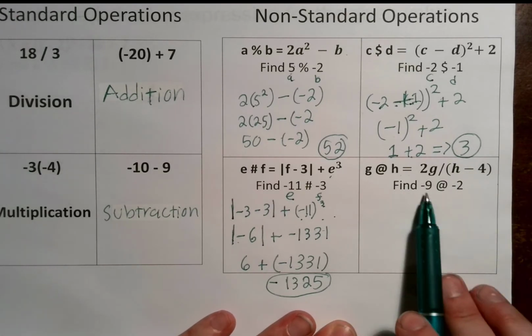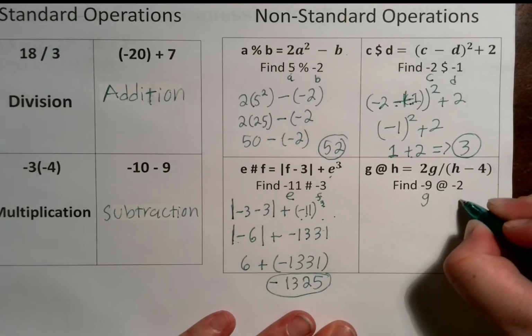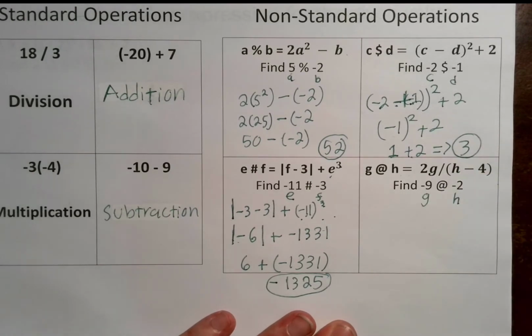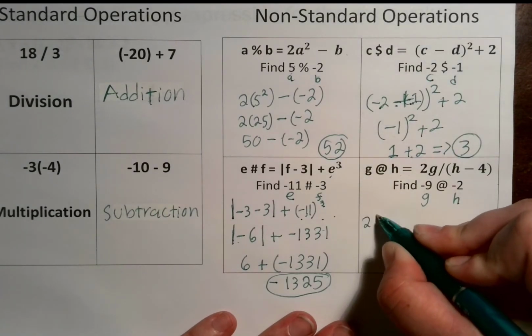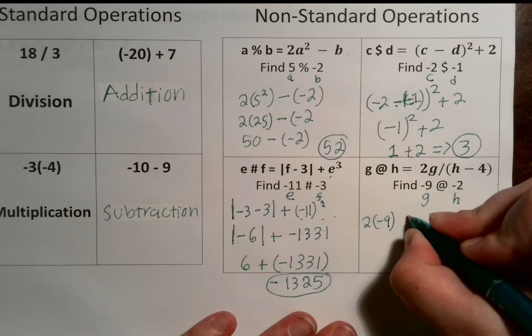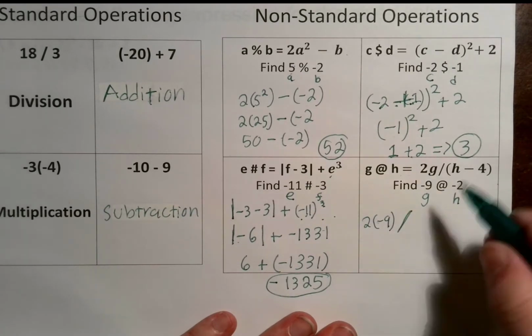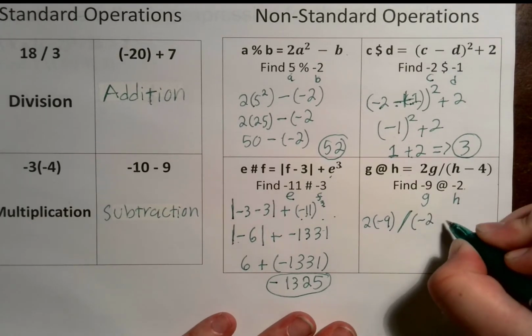They tell me that G is negative 9 and H is a negative 2. So we're going to take 2 times our negative 9, divide that by H, which is a negative 2.